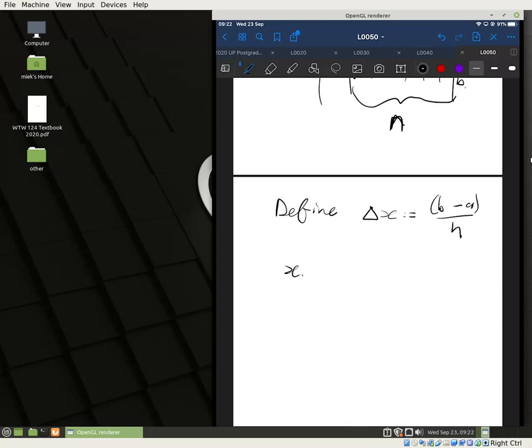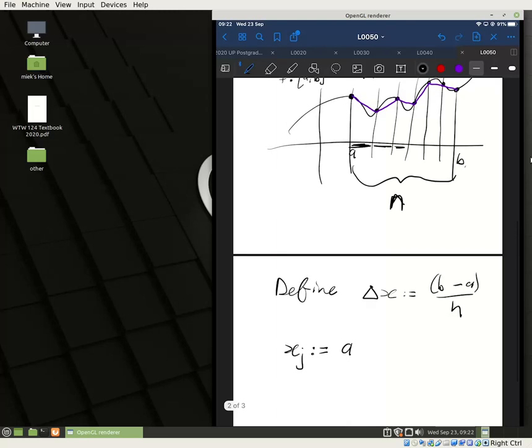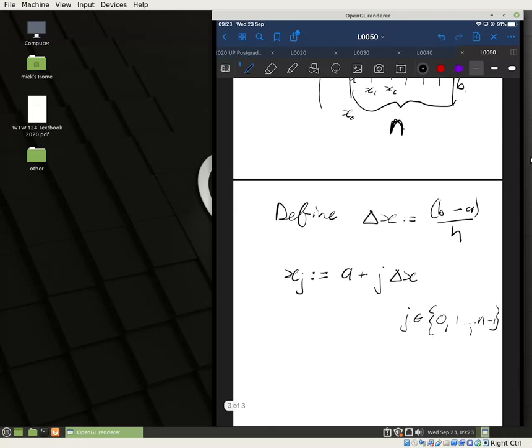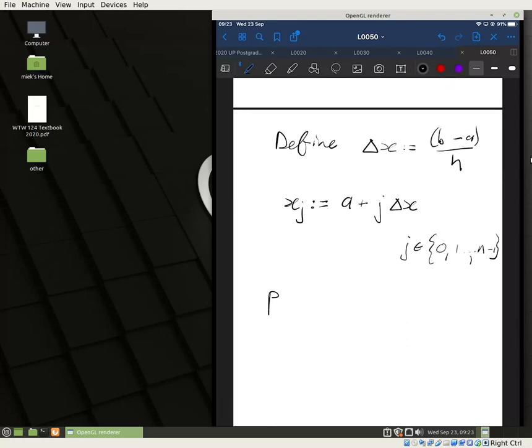And let us also define the point xj. So xj will be each one of these endpoints of our subdivision. So we start with x0, x1, x2, etc. So xj will be a plus j times delta x, where j is any number from 1 up to n minus 1. And let us define the points pj.